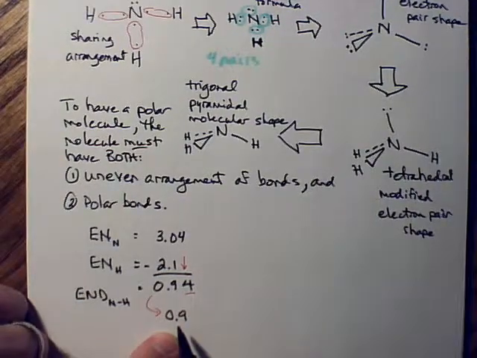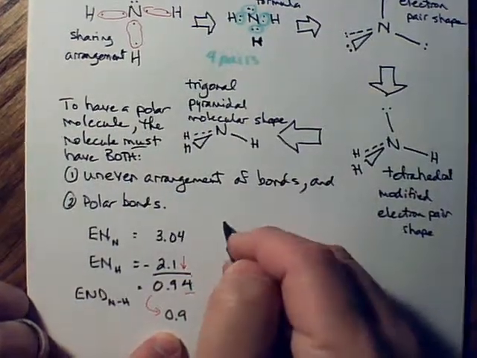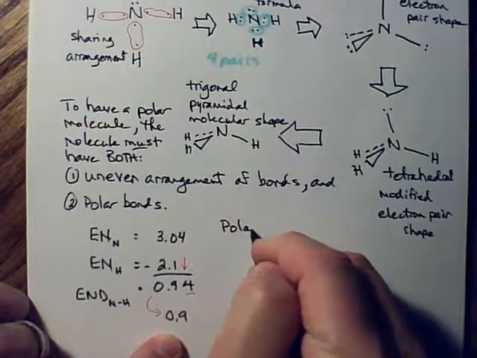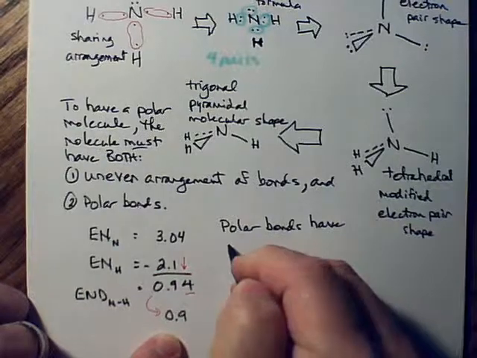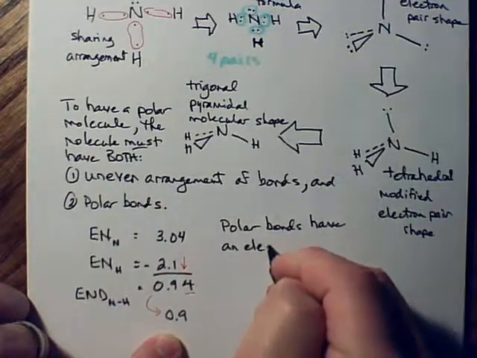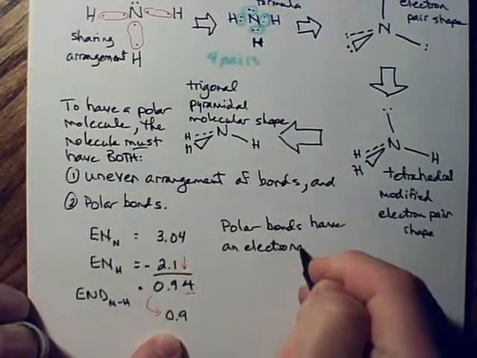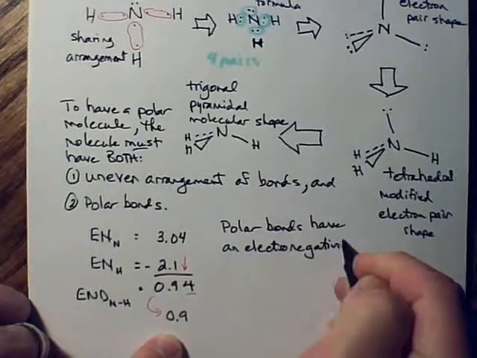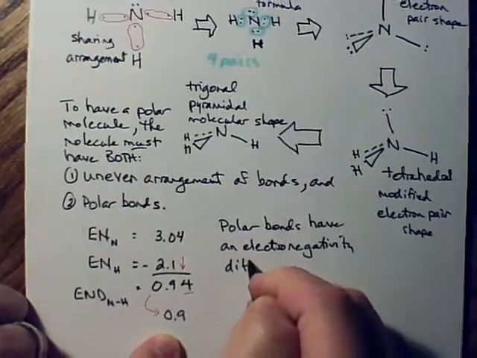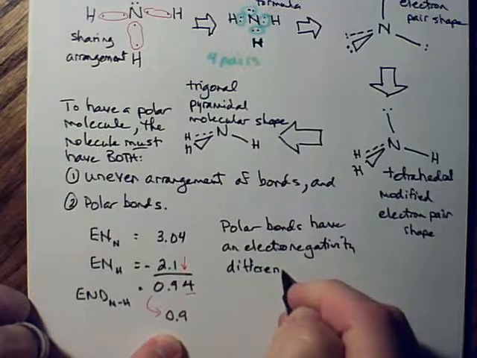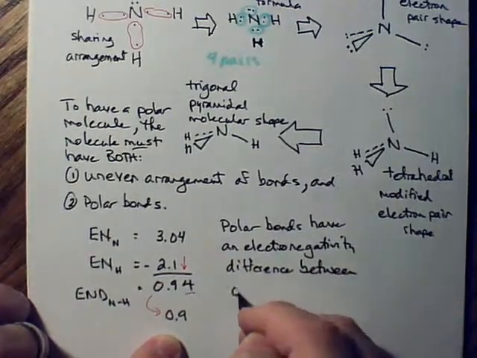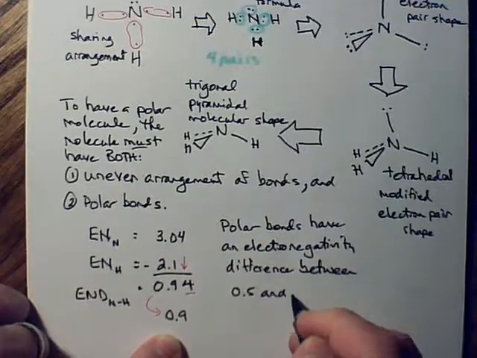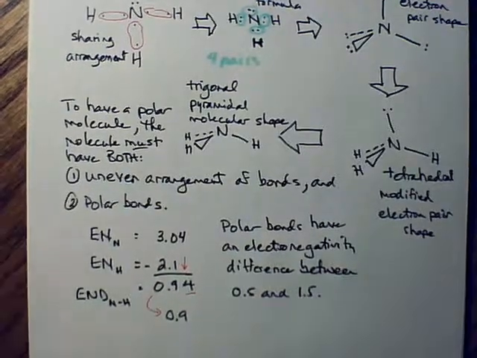And so we needed electronegativity to have a polar bond. They have an electronegativity difference between 0.5 and 1.5.